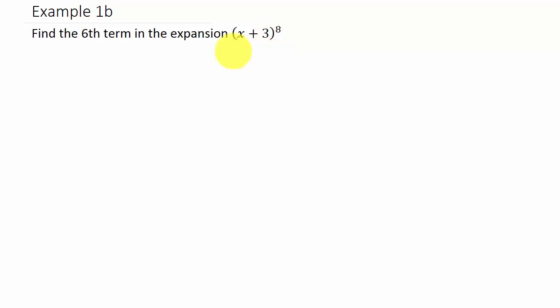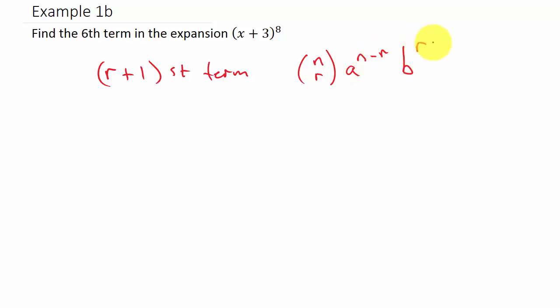All right, so let's look at this one. We want to find the sixth term. Remember, it's the r plus first term, and the term is combination n choose r times a to the n minus r times b to the r.